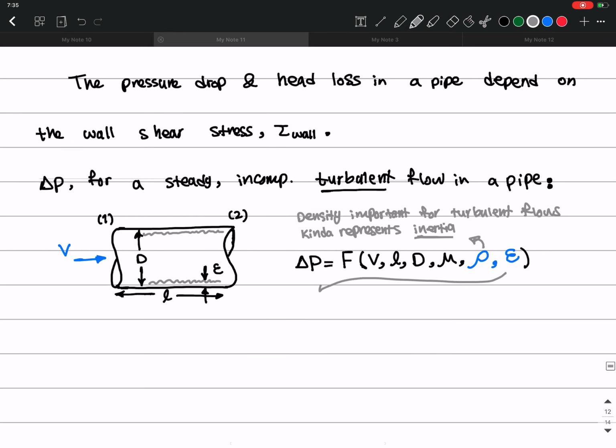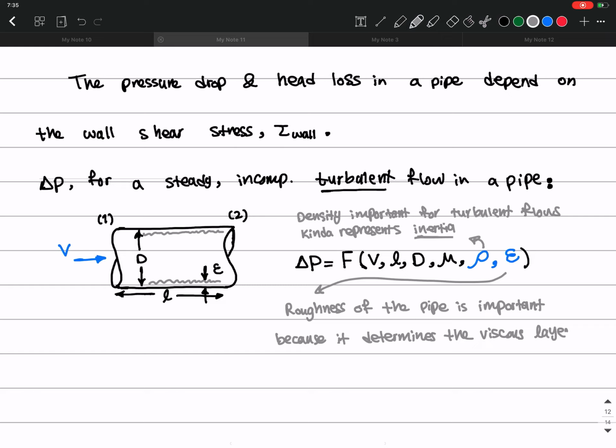So epsilon is the roughness of the pipe. The roughness of the pipe is also important because it determines the viscous layer depth formed in turbulent flows.